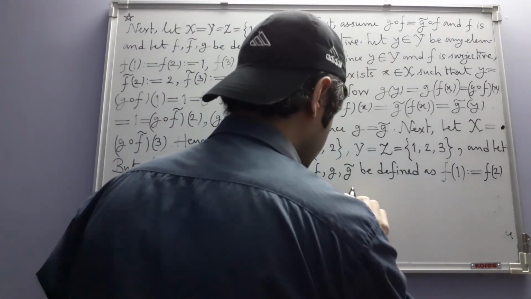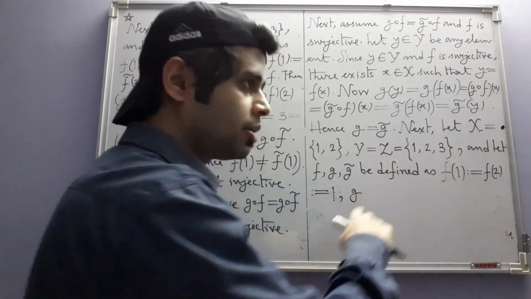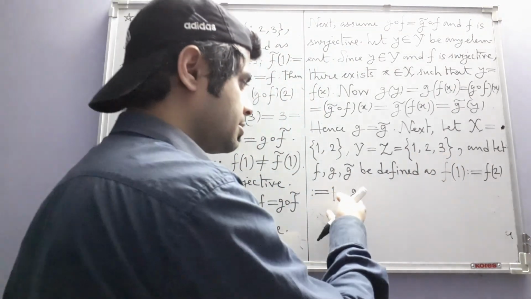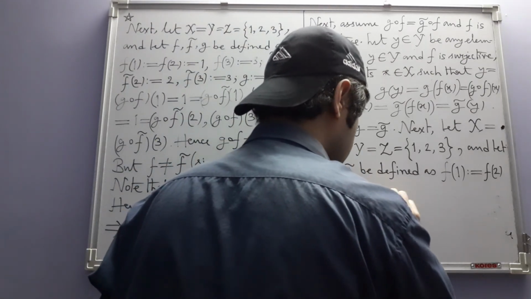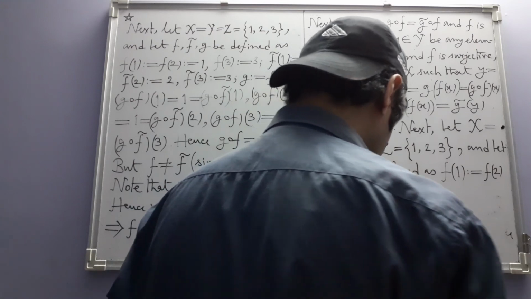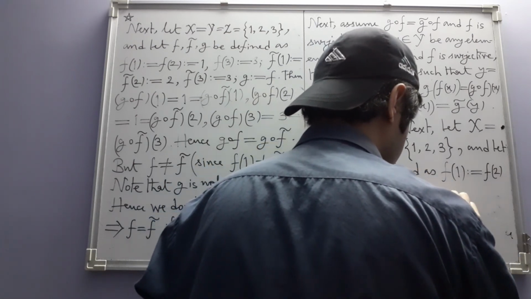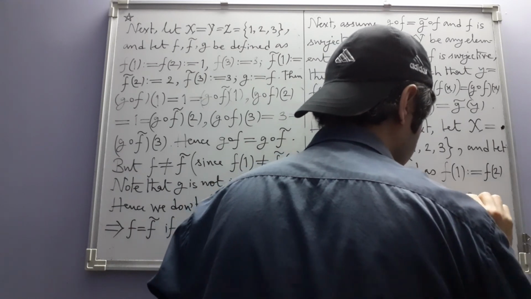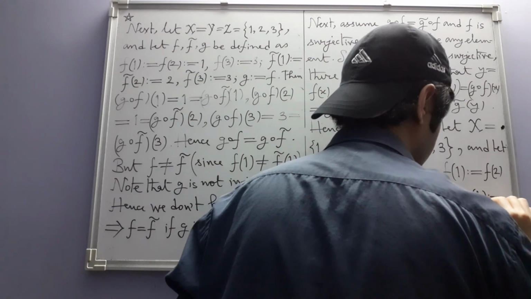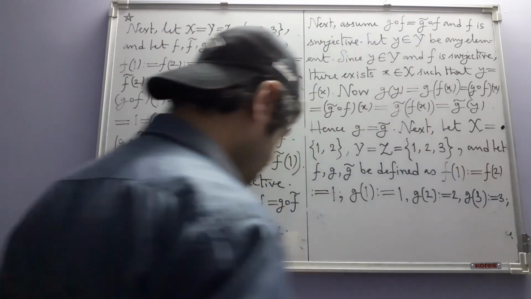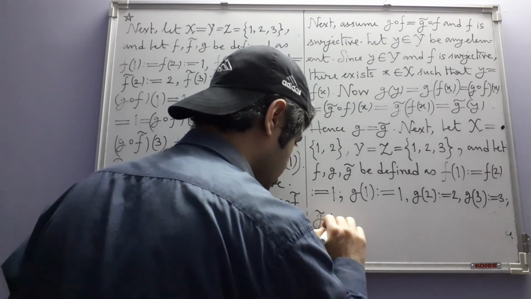Now what about g? G, however, has domain Y. So at these 3 points we have to define g, and such is the case with g tilde also. So g of 1 is defined to be equal to 1. G of 2 is 2. G of 3 is 3. And what about that other function?